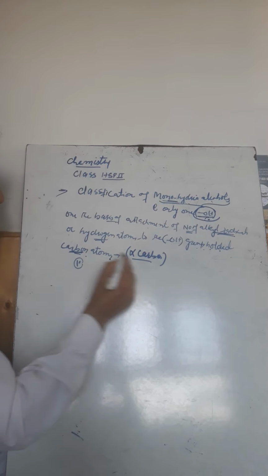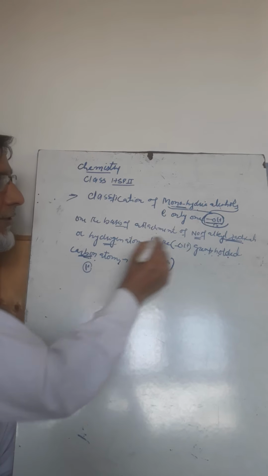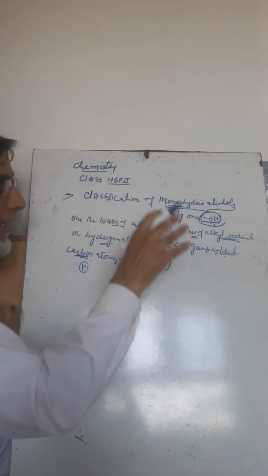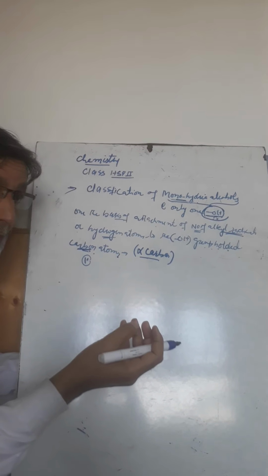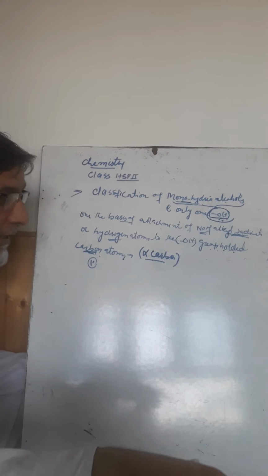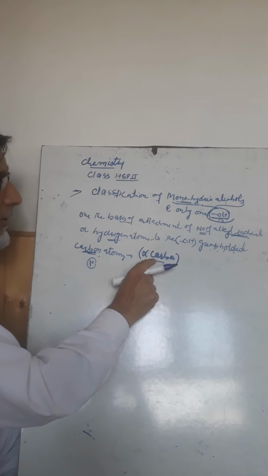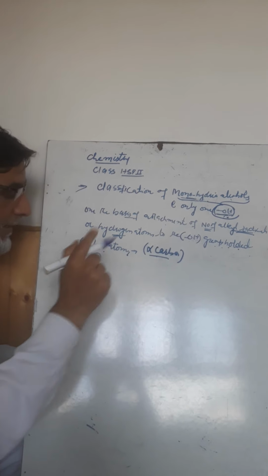This carbon is the alpha carbon which is attached with the hydroxyl group. So on the basis of the attachment of alkyl radicals, or carbon atoms or hydrogen atoms to this carbon, we are going to classify monohydric alcohols into three classes.